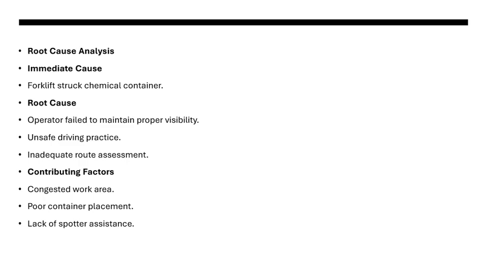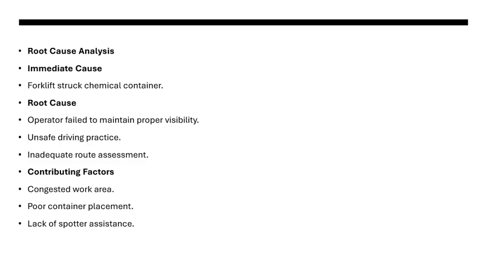Now the root cause and cause analysis. The immediate cause: the forklift struck a chemical container. The root cause: the operator failed to maintain proper visibility, unsafe driving practice, and inadequate route assessment.